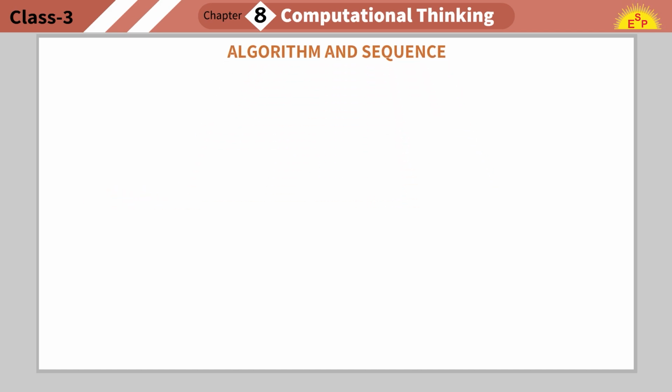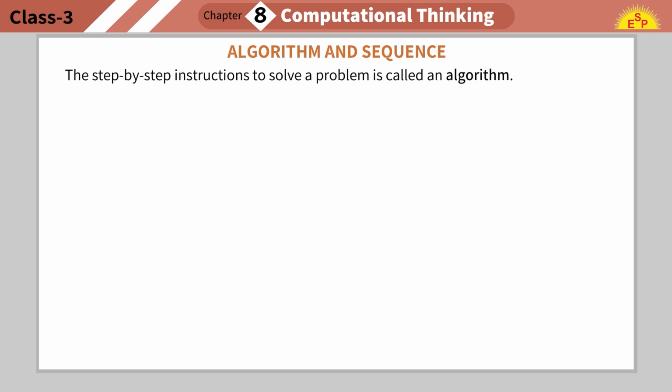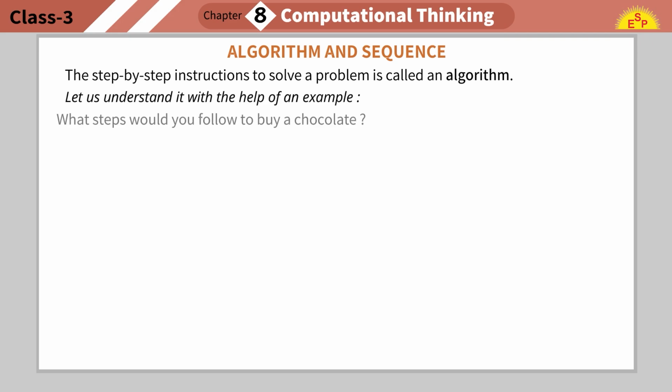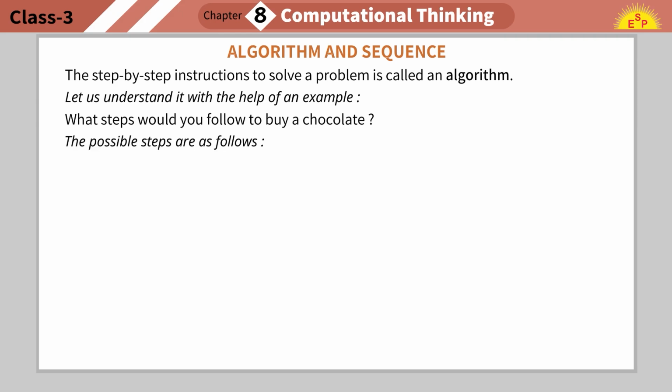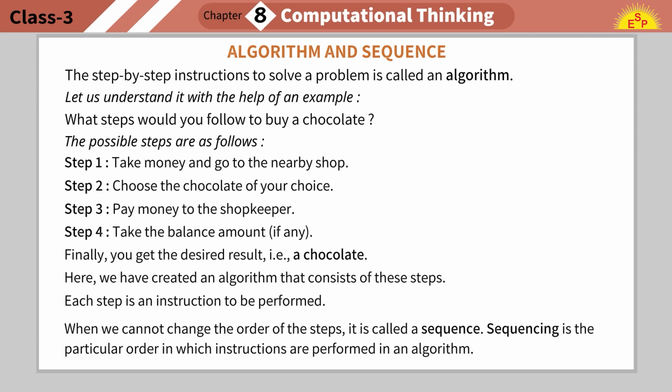Algorithm and sequence. The step-by-step instructions to solve a problem are called an algorithm. Let us understand it with the help of an example. What steps would you follow to buy a chocolate? The possible steps are as follows. Step 1.